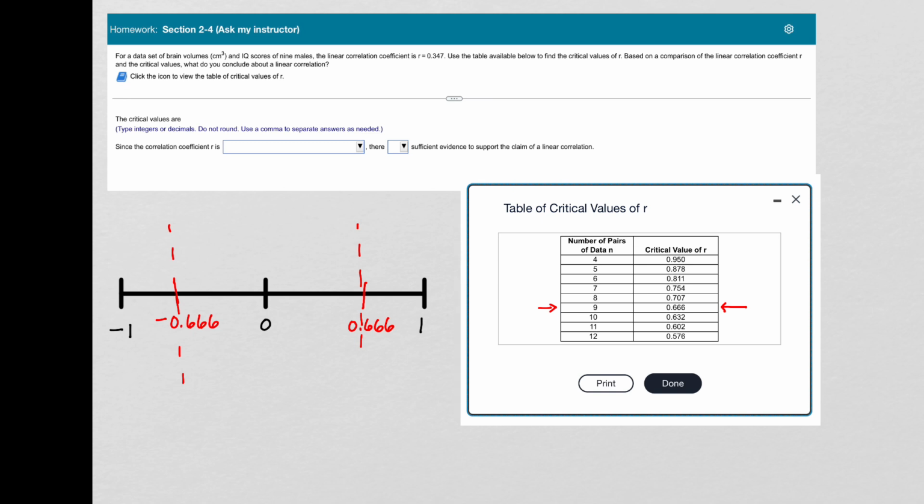For the first zone, anywhere from -1 up to negative 0.666, we would say there is a strong negative linear correlation. If we're anywhere from 0.666 to 1, then we have a strong positive linear correlation or linear relationship.